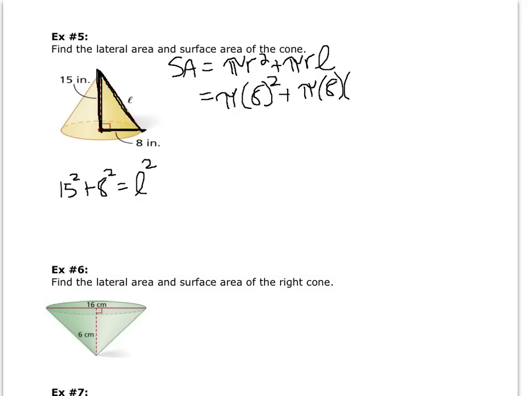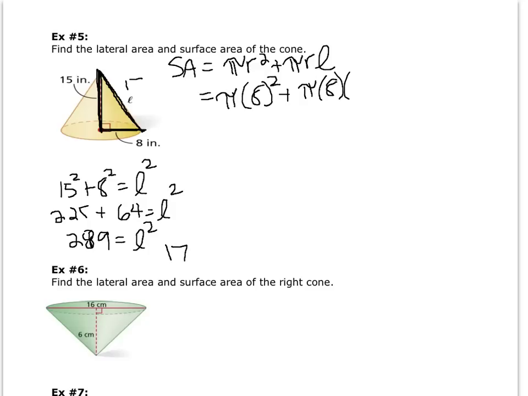So when I go through the math here, 15 squared is 225, 8 squared is 64, and so I am getting 289. That's not a very good 8. 289 is L squared. I know 289 is a perfect square, so my slant height is 17.